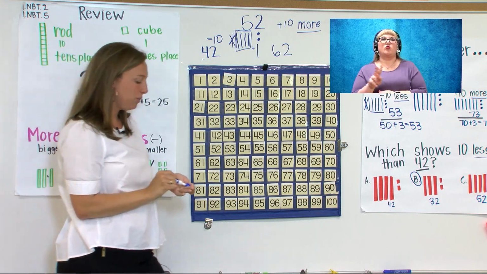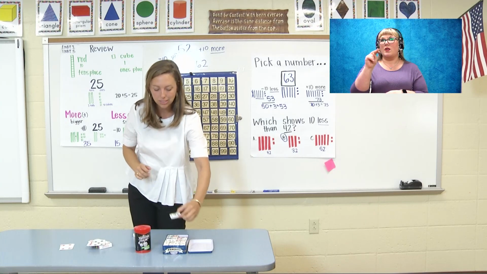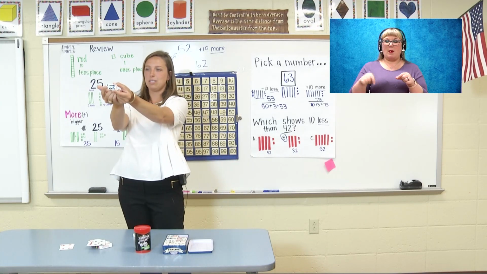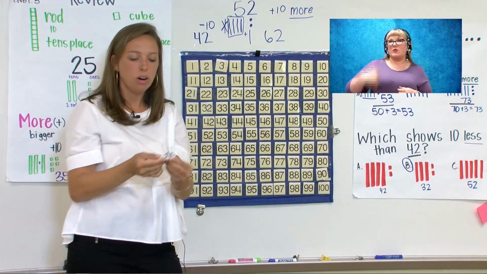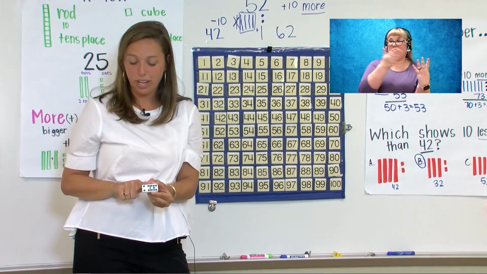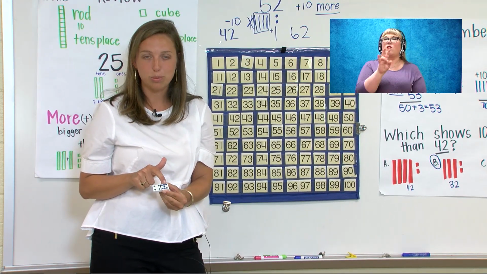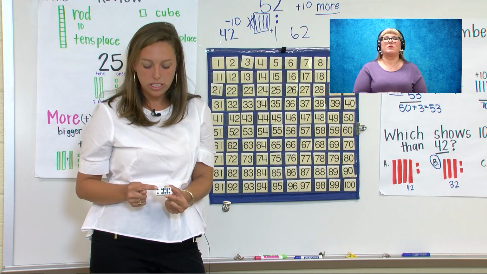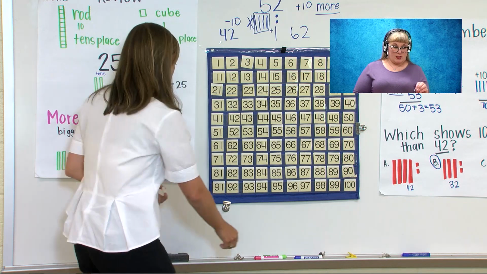Now this next one, I'm going to show you a domino. You probably have some dominoes at your house. There are 2 dots on each domino, or 2 sides on each domino. On this one, we have 4 dots in our tens place and 7 dots in our ones place. Let's count. 10, 20, 30, 40.